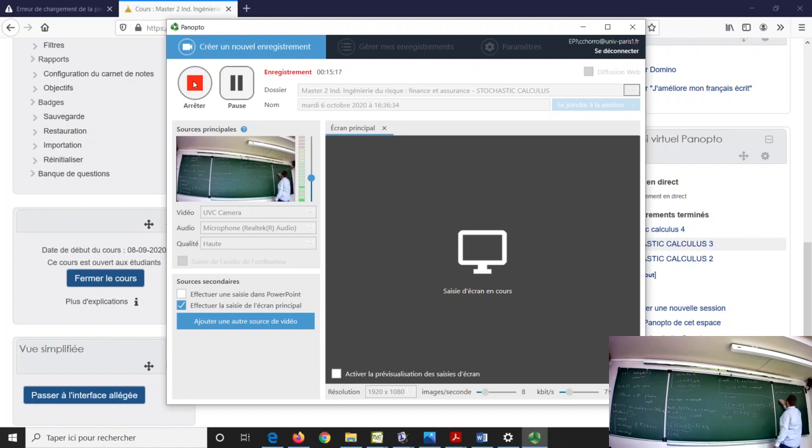Square integrable just means that MT belongs to L2. So I have something that is a little bit greater than what I need in my definition. In my definition, I need it to be in L1. Here, since we are going to consider the conditional expectation of the square, I need it to be in L2. Okay? So let MT be a square integrable martingale.